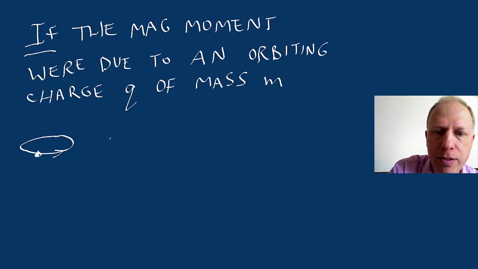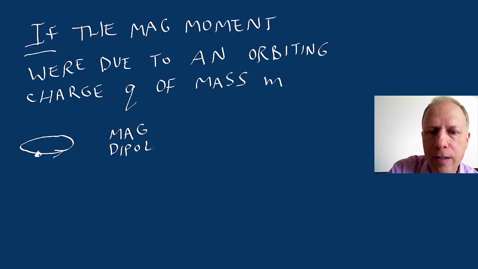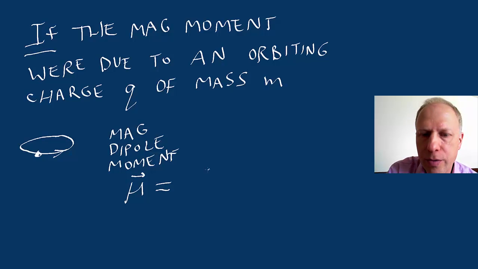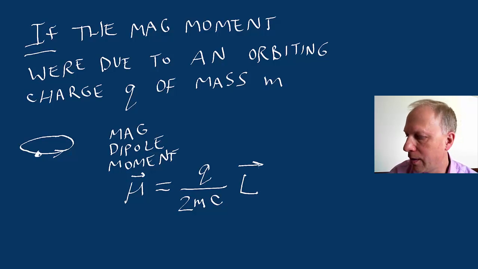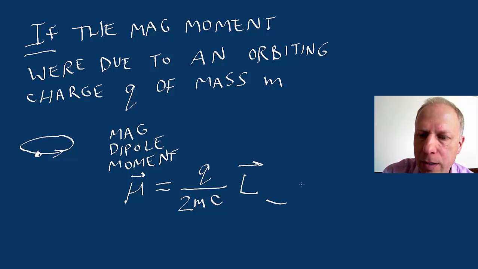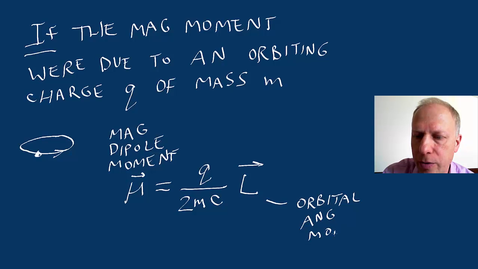And the experts in E&M tell us that the magnetic dipole moment of this little current loop, mu, would be equal to the charge divided by 2 times the mass of the particle, speed of light, times the orbital angular momentum of that particle moving in its circular orbit.